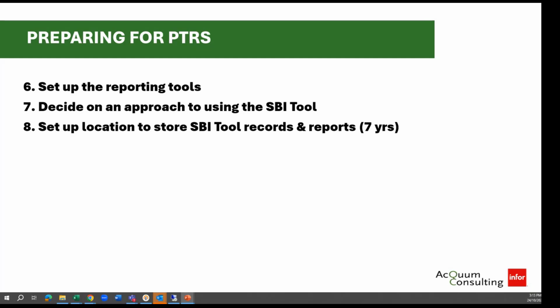Or you can alternatively decide to wait until the reporting period is over, and then use the SBI tool to do an extract and update the information at the close of the reporting period, just before you produce your report. So there's a decision to be made there.